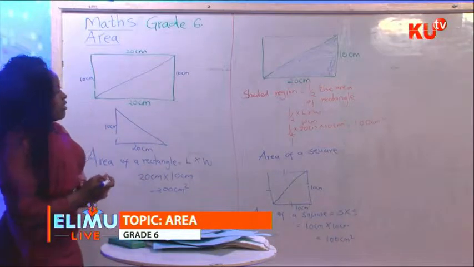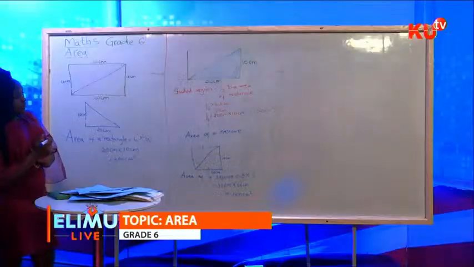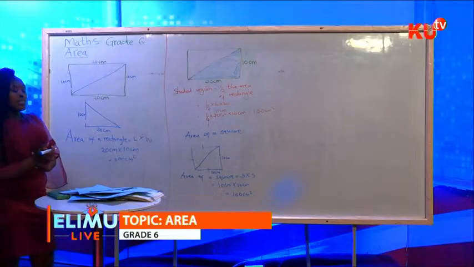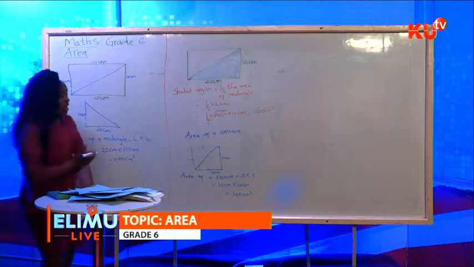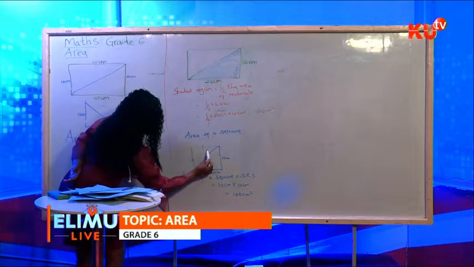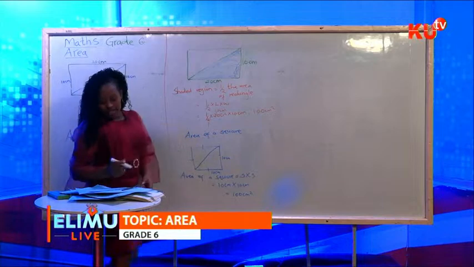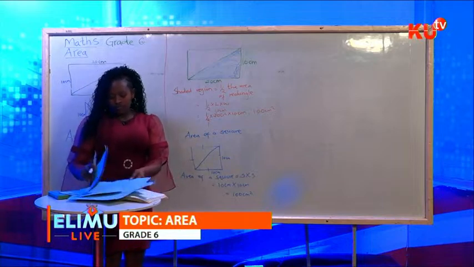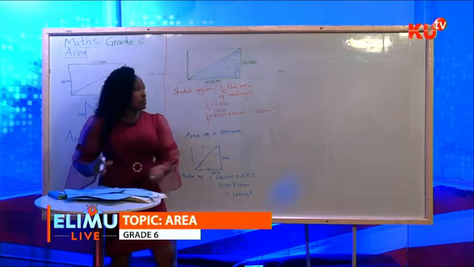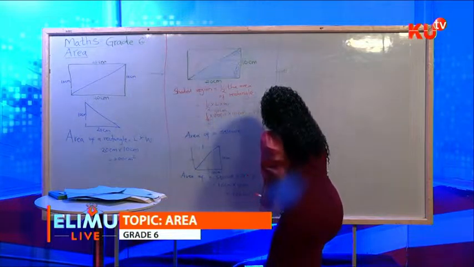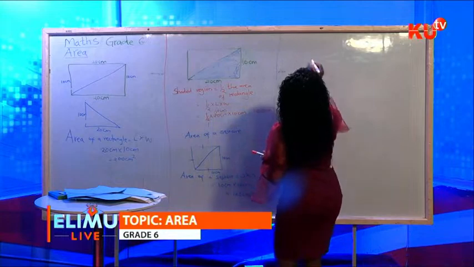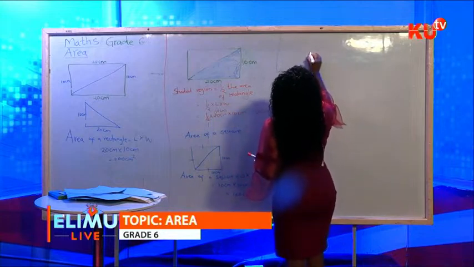Yes, so we have discussed the area of a square. The same applies if you have got a shaded region in a square. For instance, let's say this side is shaded for us. We have got the square here.